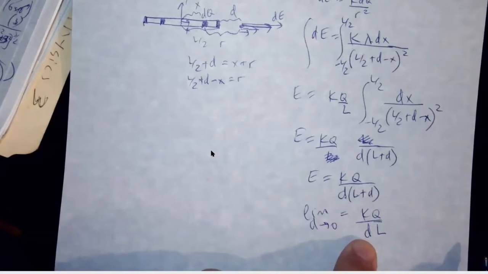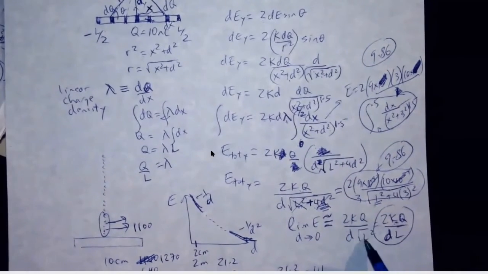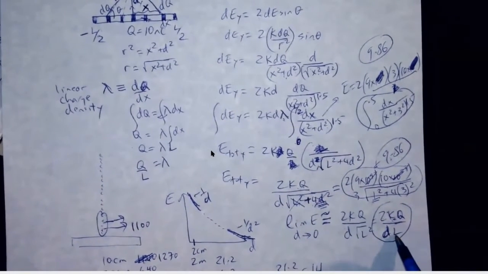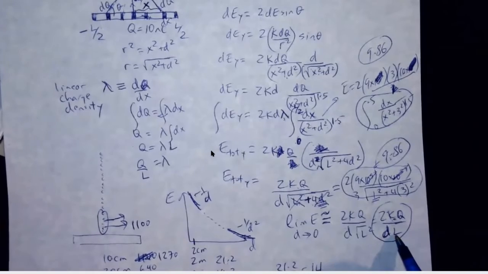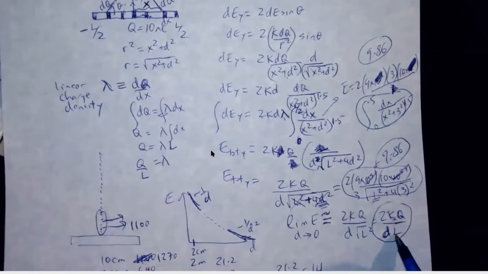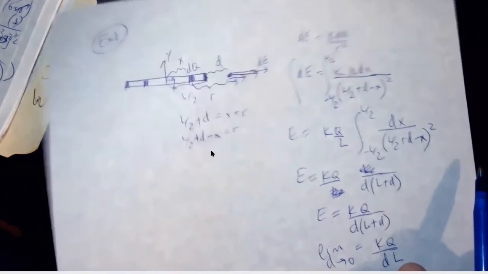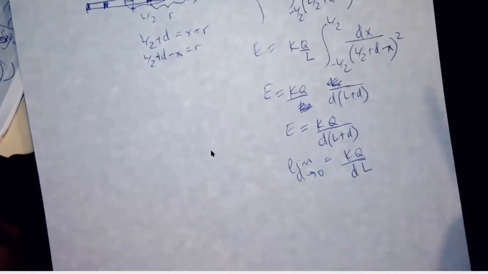What was the other one? 2KQ over DL. And then this one is KQ over DL. Oh, it's about half the strength of the other one.